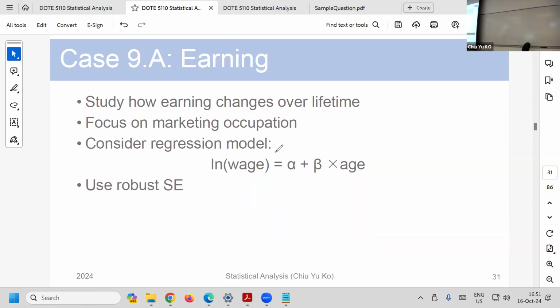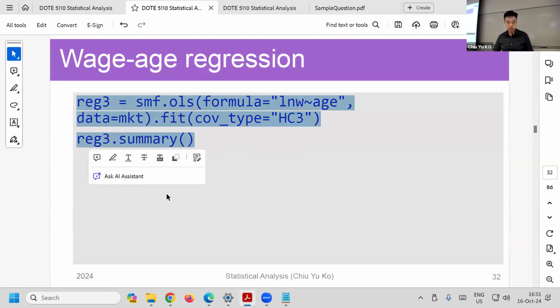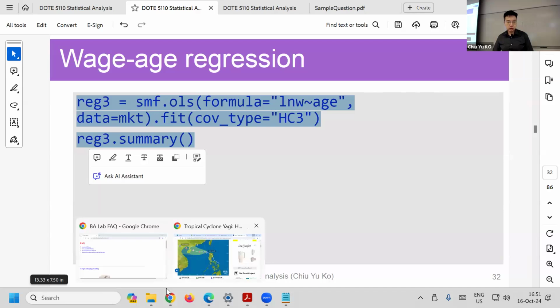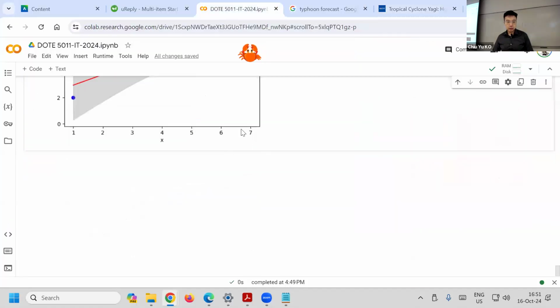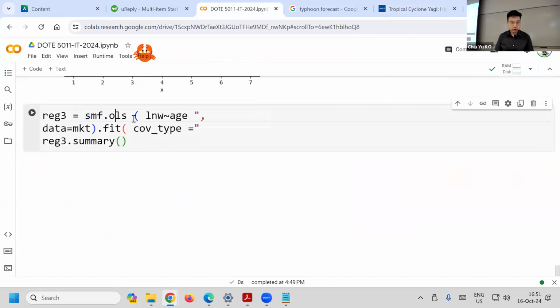It's the wage profile, right? So you look at the model, you try to look at wage over the age, right? That is rather simple. We can just look at the data. This is something we have done. So just don't worry about it.